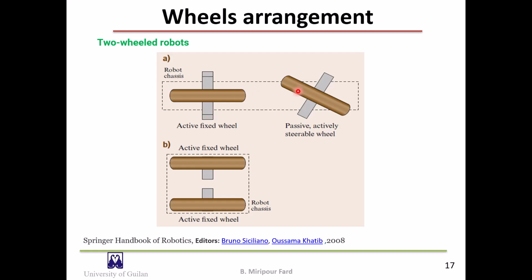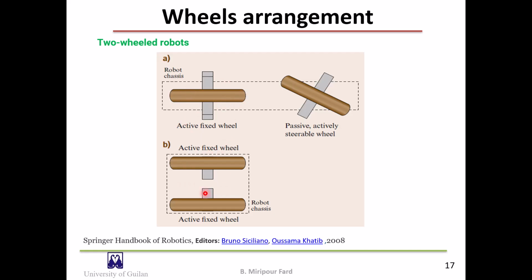The advantage of this approach is that the robot width can be reduced. However, a bicycle type is rarely used because it cannot maintain pose when the robot stands still.